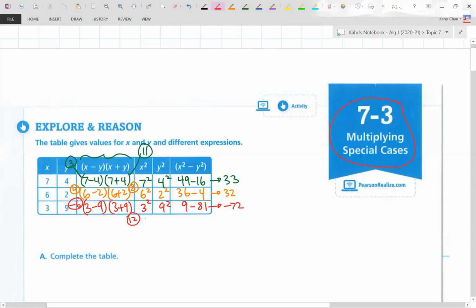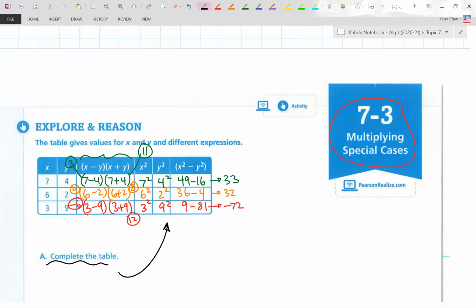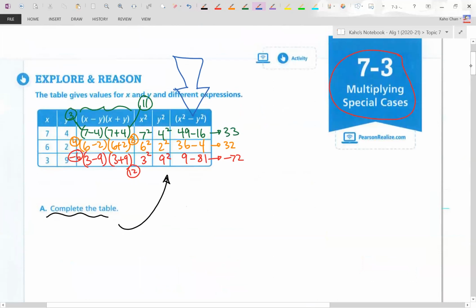Let's see, negative 6 times 12. Oh, it is also negative 72. Isn't that weird? So we just completed the table there. There is a connection, ladies and gentlemen, between x minus y times x plus y, and x squared minus y squared.